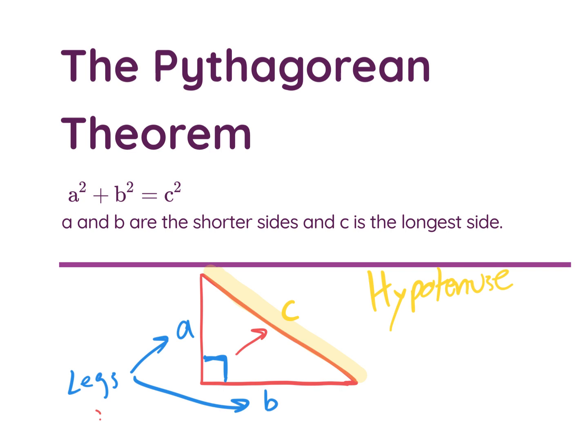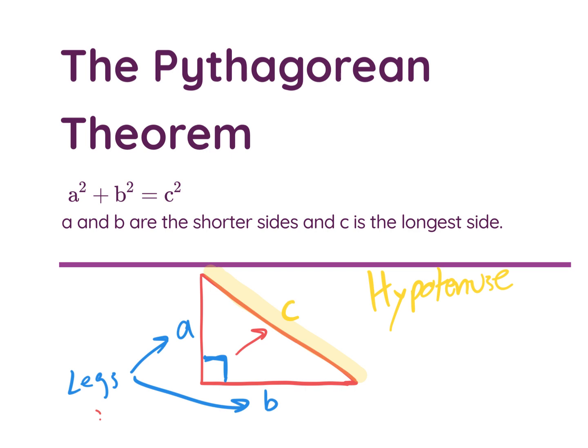Anyways, hopefully you guys are taking these notes down. And the truth is that if you take this side A and square it, multiply it with itself, and then add it to this side squared, it should equal the longest side squared.